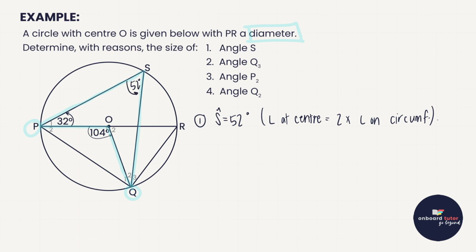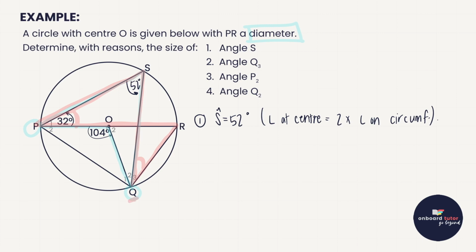Next up, we want angle Q3. So let's have a look. Here's Q3. Let's follow it down. And we can definitely link that to the 32 that we've been given. So whenever I see a little bow tie-ish shape, then I know I'm dealing with angles in the same segment.